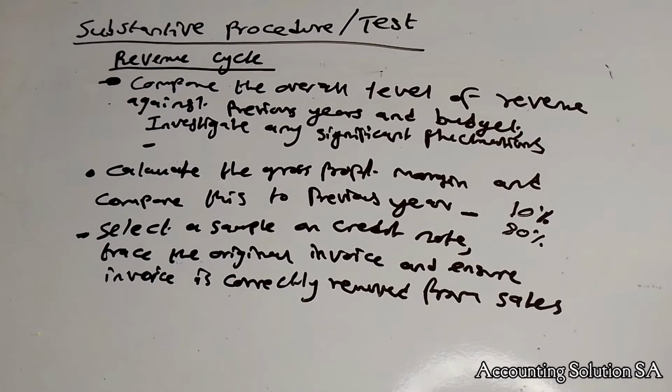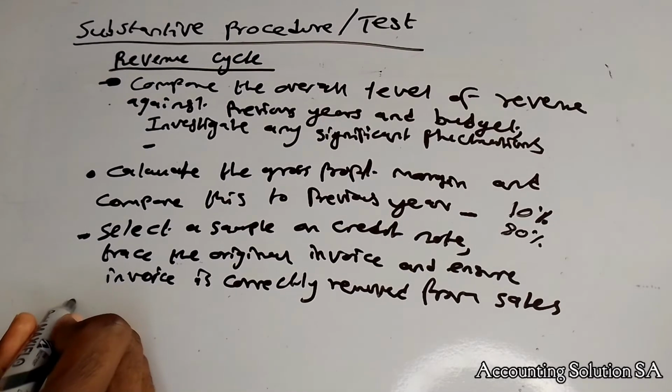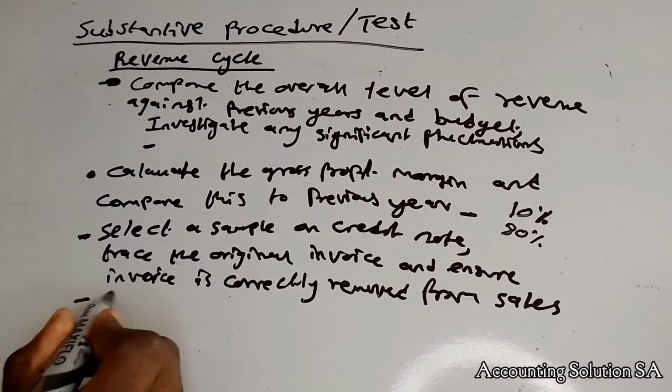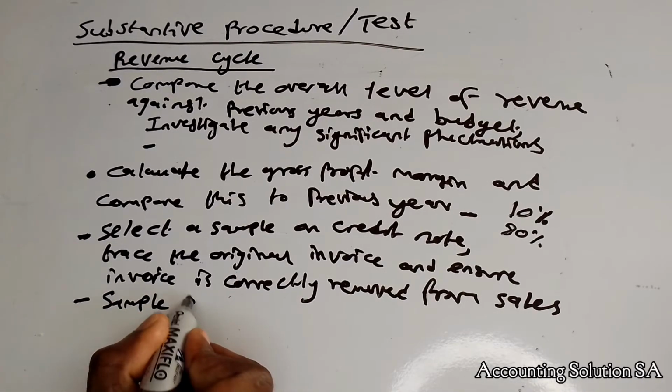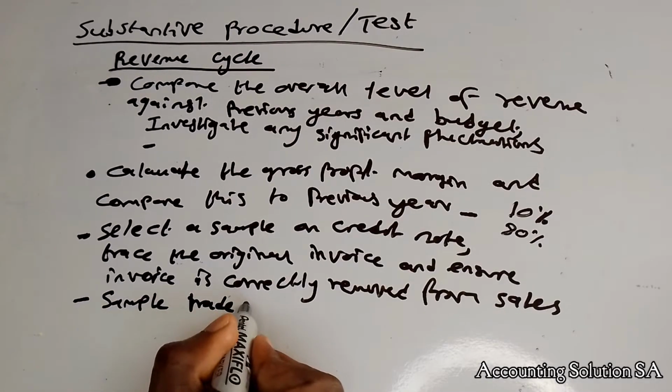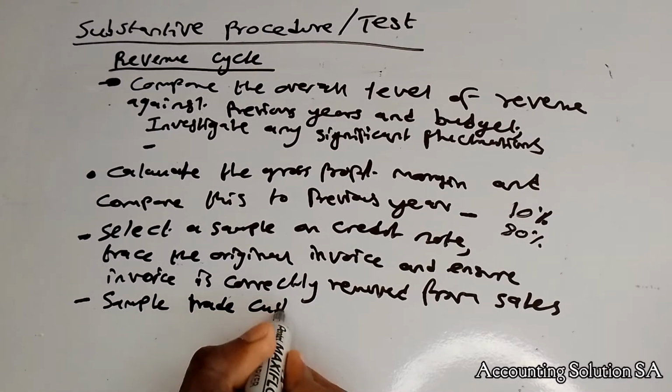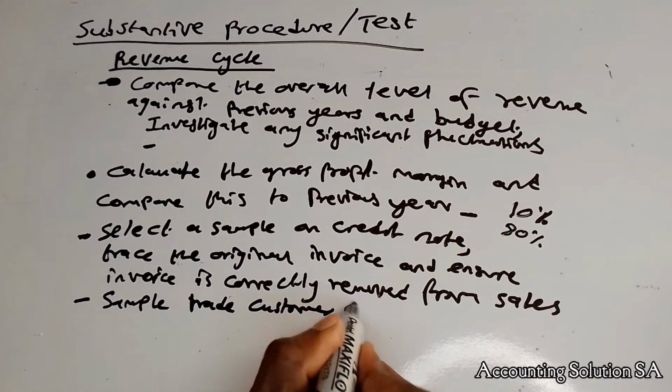Then the other one, what we have to do, we have to select a sample of trade customer orders that have been placed. Then we also have to agree with what? A dispatch note. Okay, let me write this down. We have to sample trade receivable customer orders.